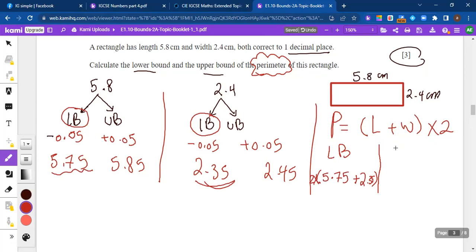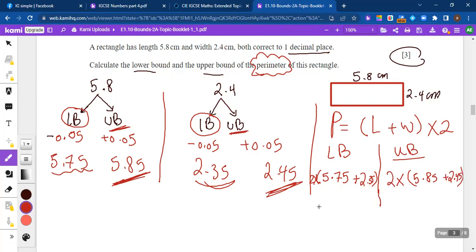For the upper bound, do the same: 2 times, use the upper bound, 5.85 plus 2.45. Okay, guys, is that difficult? 16.2.